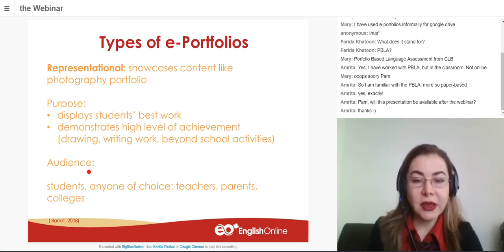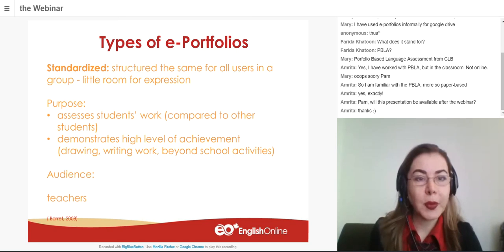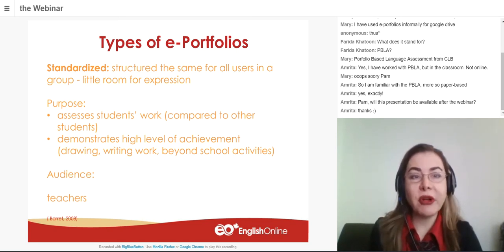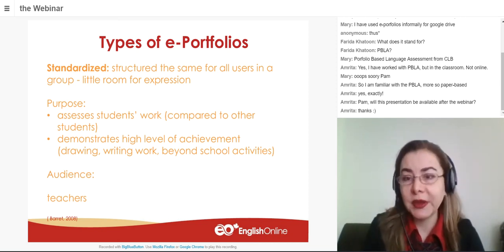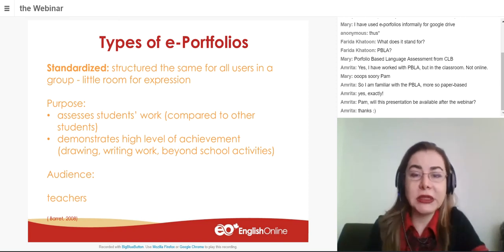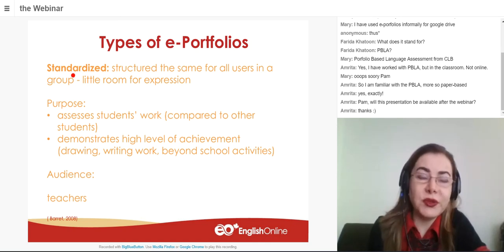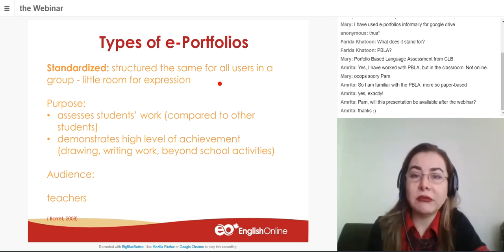Okay, and then there are two more. E-portfolios can be further broken down into two more subtypes, which are standardized and personalized. Standardized is usually used when the teacher uses this type of portfolio for many students in the classroom.